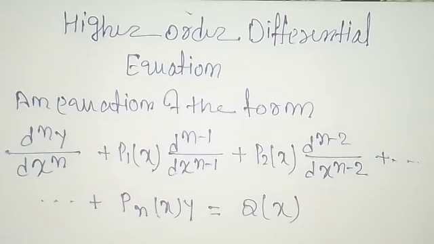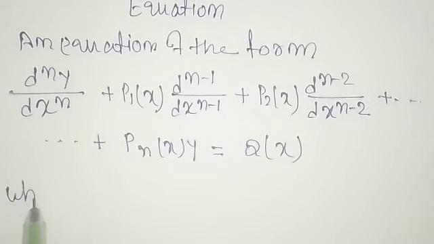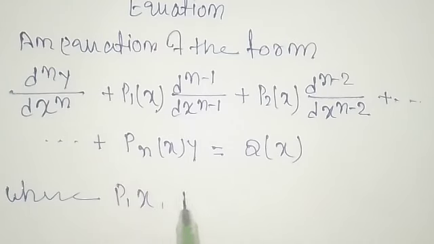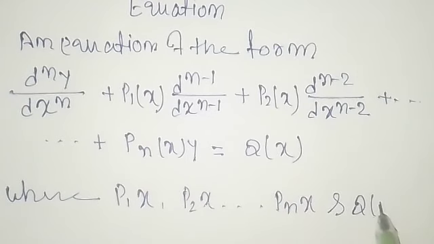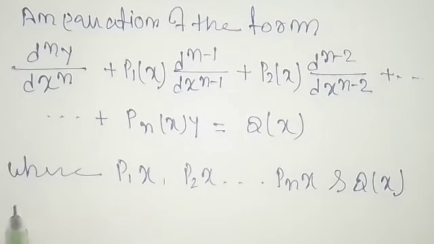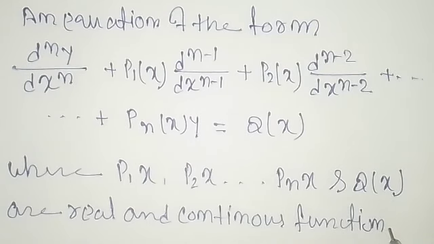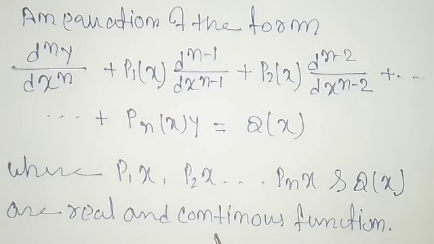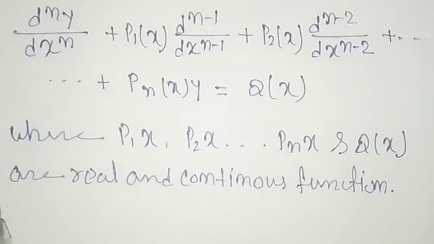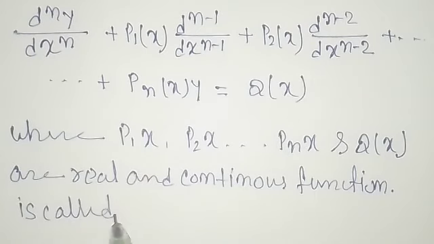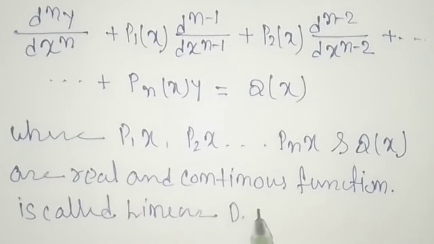So we can say where p1x, p2x, and so on up to pnx, and q of x are real and continuous functions, is called a linear differential equation of order n, right?